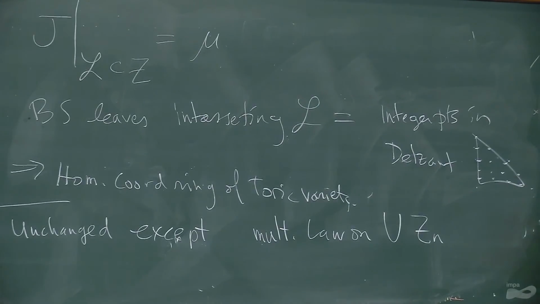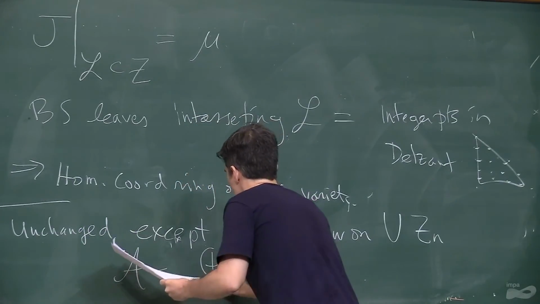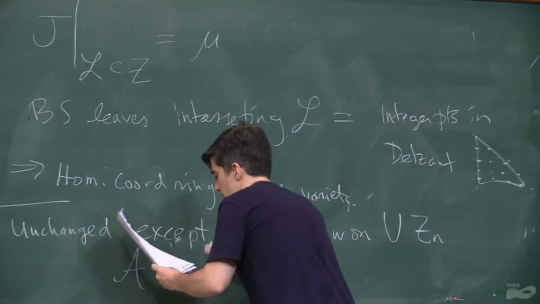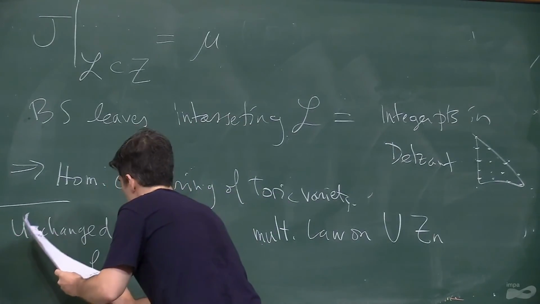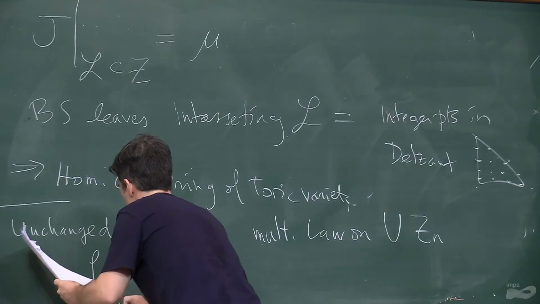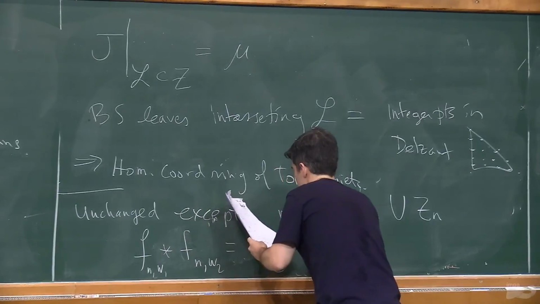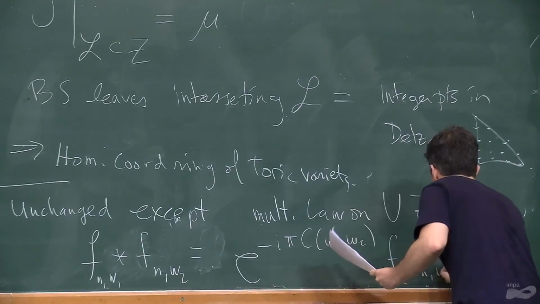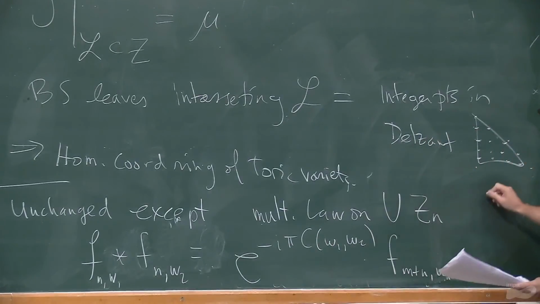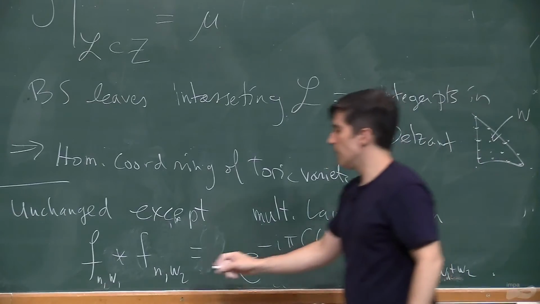And you get an algebra which is a sum. Let me just write the product: f_m^{w1} times f_n^{w2} is e to the minus i pi c(w1, w2) f_{m+n}^{w1+w2}. So the w's are the integer points, and m and n are the degrees.